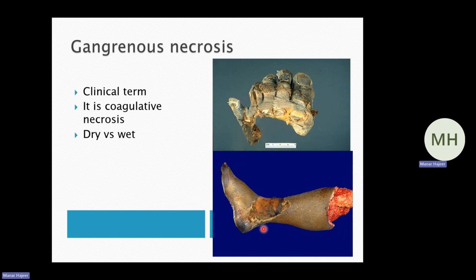So it is basically a coagulative type of necrosis, but at multiple tissue levels, which can be accompanied by a superimposed infection, in which we call it a wet gangrene زي الصورة اللي تحت, or not accompanied by an infection, and we call it a dry gangrene.